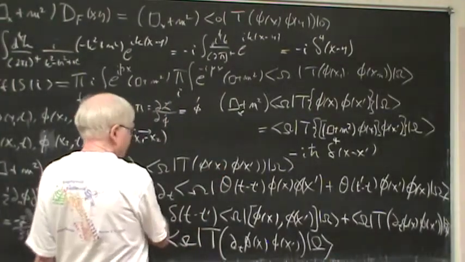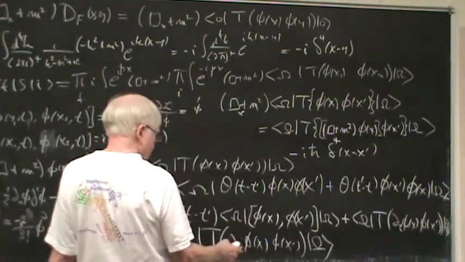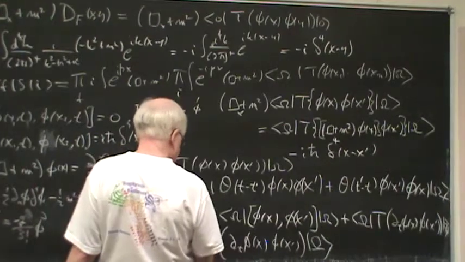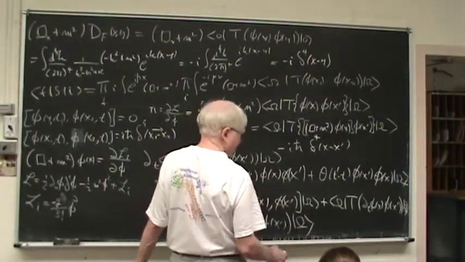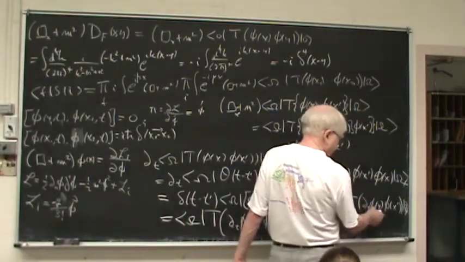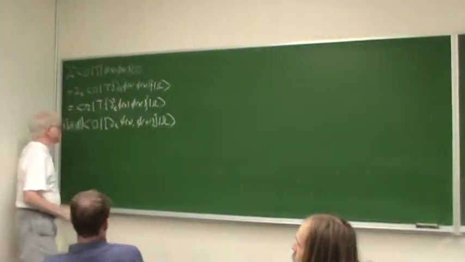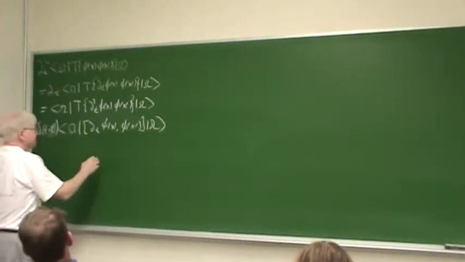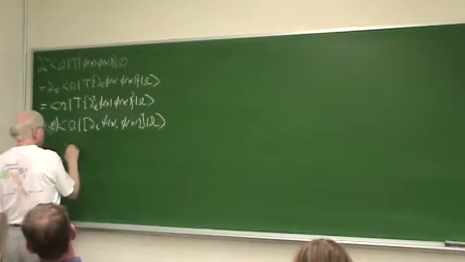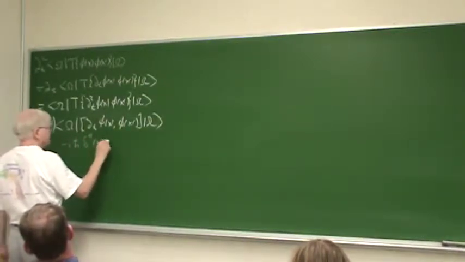So the time derivative of the time-ordered product of A with phi of x prime is delta of t minus t prime times the commutator of A with phi of x prime plus the time-ordered product of the derivative of A with phi of x prime. And now we know what this is at equal times. This thing at equal times is just minus i h bar delta 4 of x minus x prime.